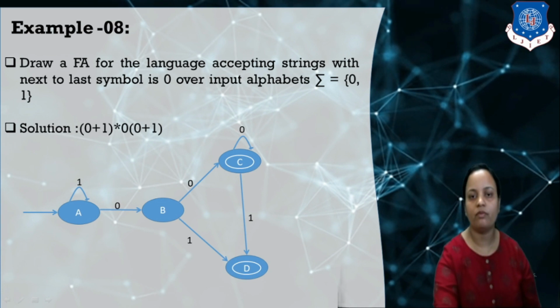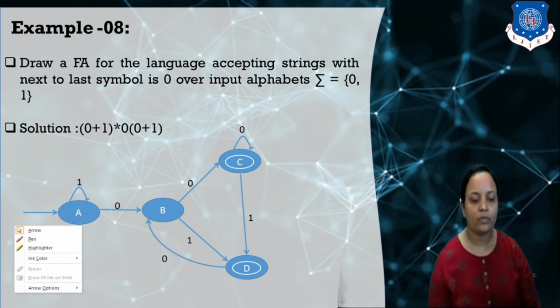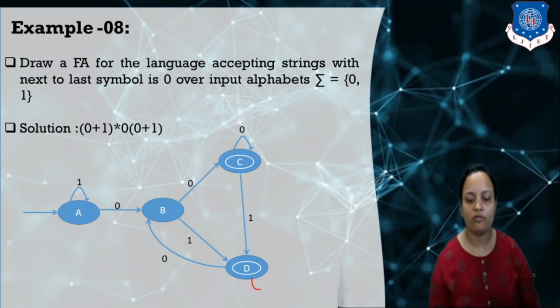In the same way we can think about the input 0 and 1. Here I have dropped it because if I put 0 as a self loop, it means, how can we reach D using the minimum length of string from state A to D?